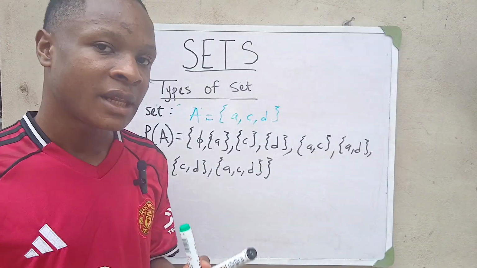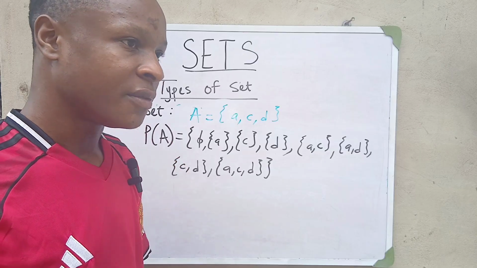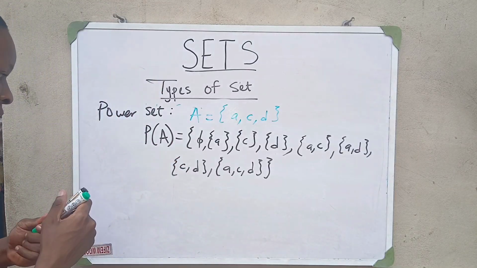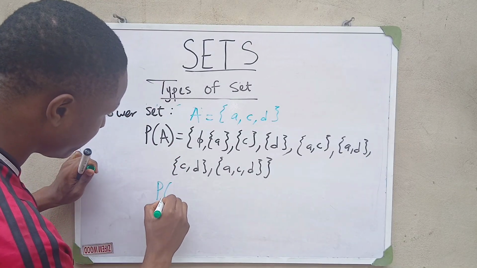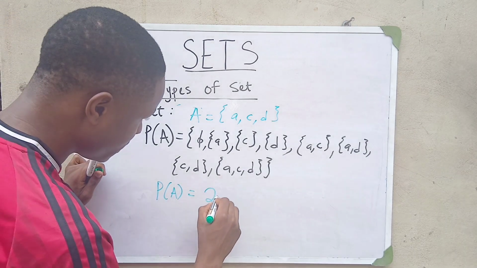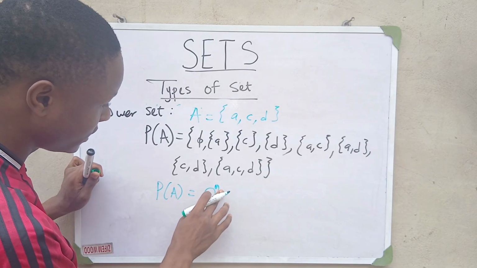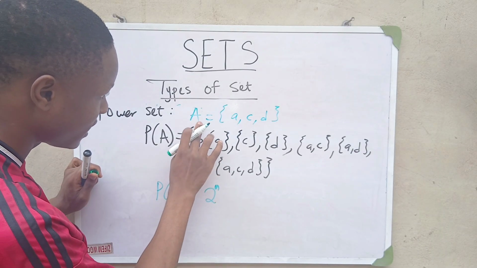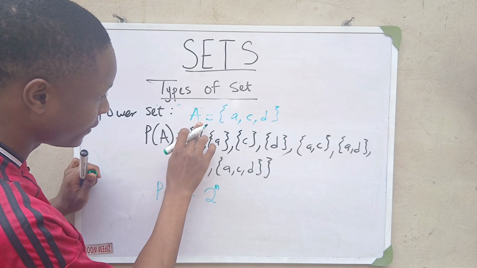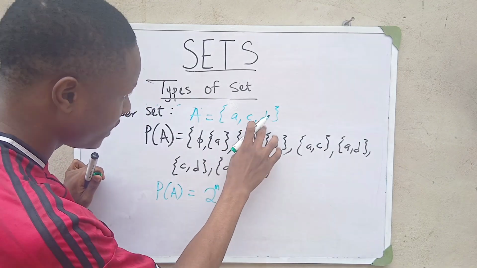Now I'll show you a formula that we can use to find the number of elements of the power set. To get the number of elements of the power set, we say P of A is 2 raised to power n. N represents the number of elements of that particular set. For example, for A, the number of elements is 3.